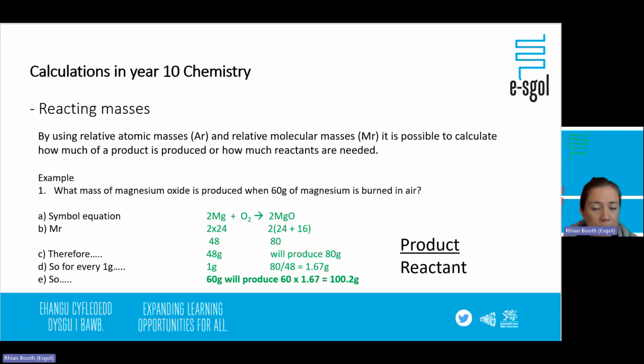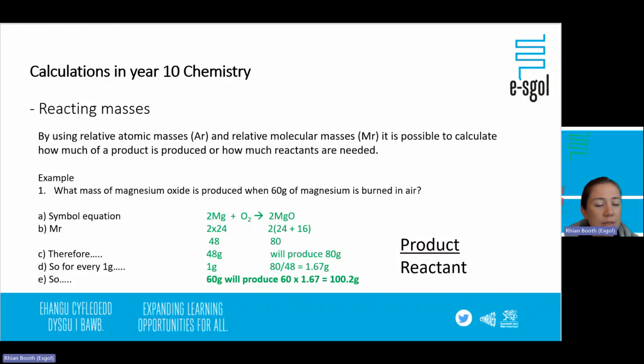Okay, so I've got a ratio there. However, remember it's 60 grams of magnesium that I want to start with, not 48 grams. So what I'm going to do next is have a look at what 1 gram would be, and that will be much easier then to multiply up to give me 60 grams of magnesium.